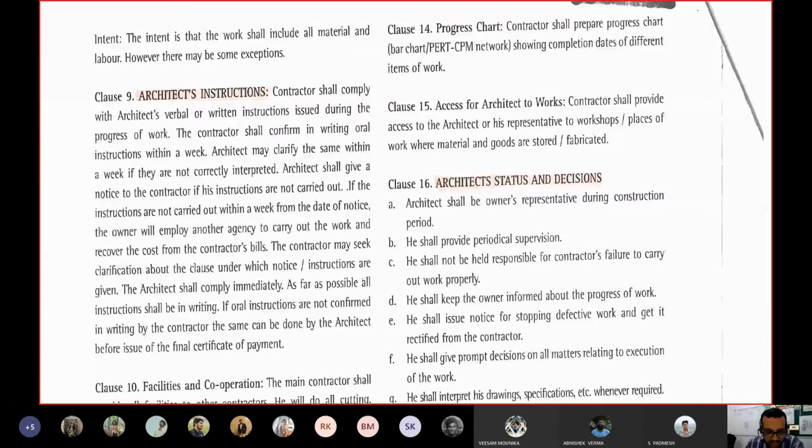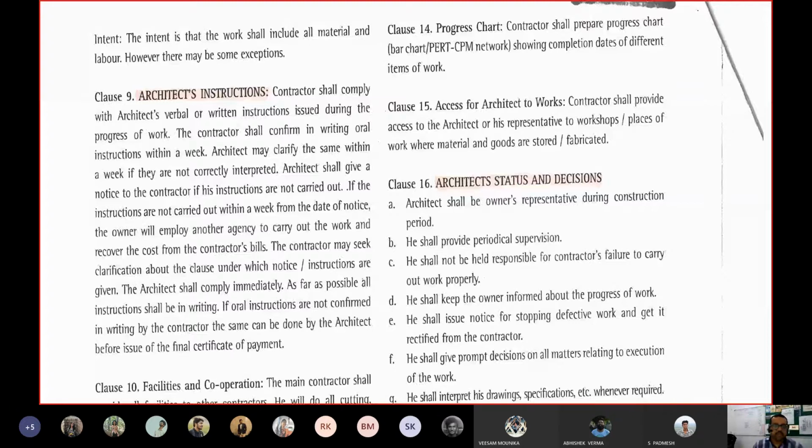So the contractor shall comply with the architect's verbal or written instruction issued during the progress of work. Now remember, it is always safer to give written instruction so that there is a record of it. Any instruction given by the architect during the progress of work has to be complied with by the contractor.